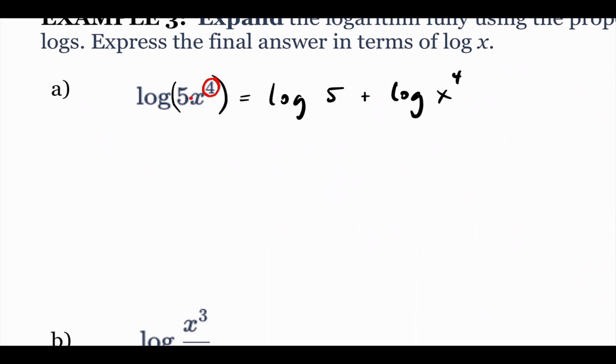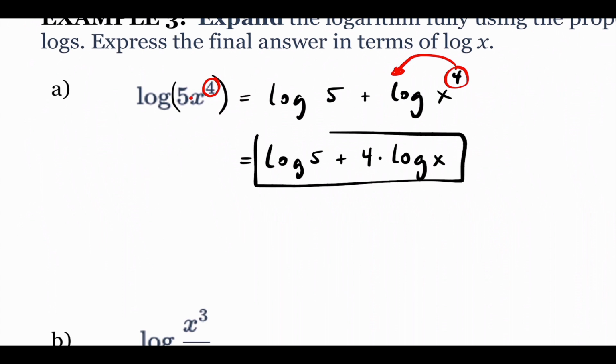The last step is power. Move the power to the front of the log. So log of 5 plus 4 times log of x. It's fully expanded.